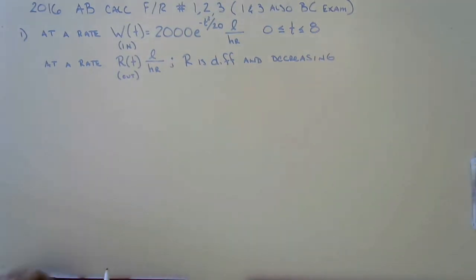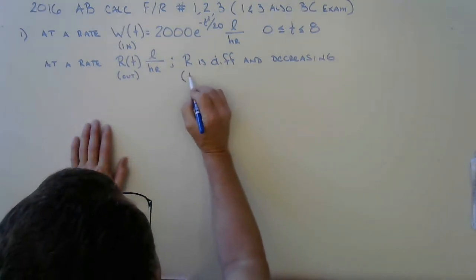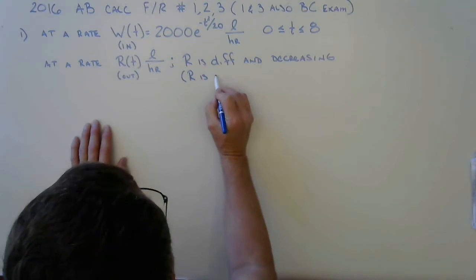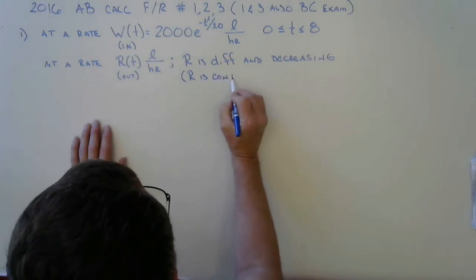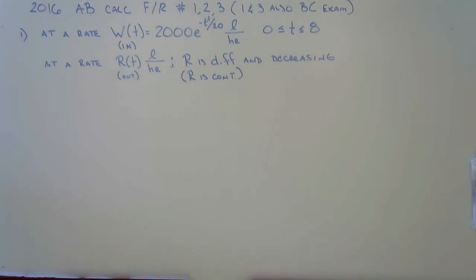Since they've told us R is differentiable, we immediately know R is continuous. Differentiability implies continuity. So we're going to write that down. We may not need it, we may need it, we don't know. We're going to put it down just in case we need it.